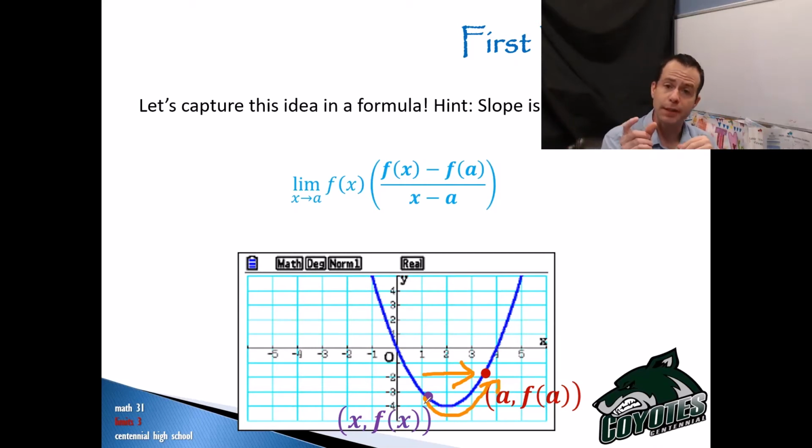So by choosing a secant line, that gives you the ability to get 2 points. And when you have 2 points, you can calculate the slope. Then you can calculate the limit as x approaches A, and that will help you get the secant line slope to turn into the tangent line slope, and thus find the tangent line slope. Okay. Hopefully that helped click a few things in your head visually about what we're doing.